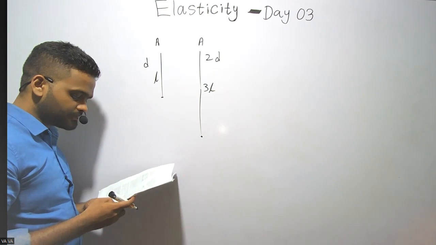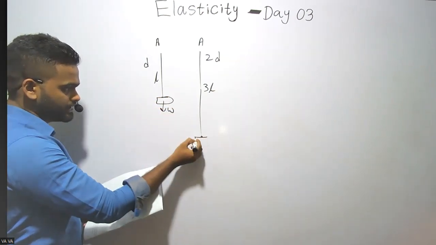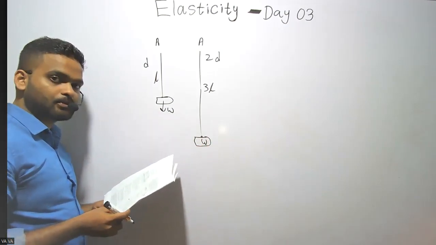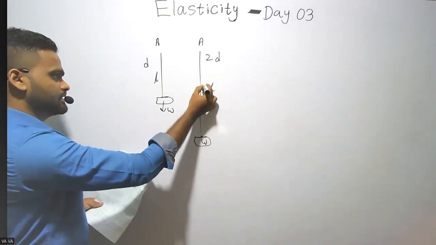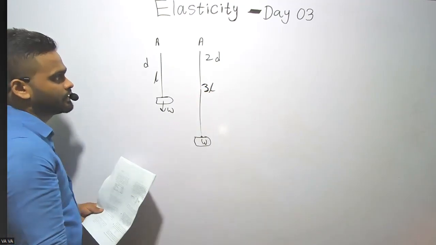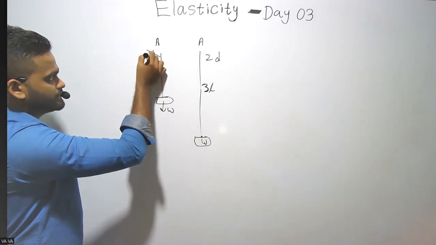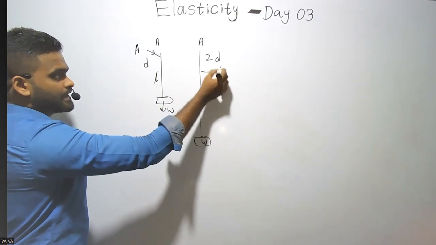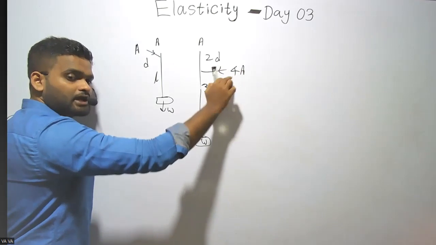When both wires are subjected to the same force separately, so let's say we apply the same W, what is the ratio between elastic potential energies? Now they're asking about elastic potential energy. Before that, if the diameter is D, let's say the cross section is capital A. If the diameter is twice, the new cross section should be 4 times.